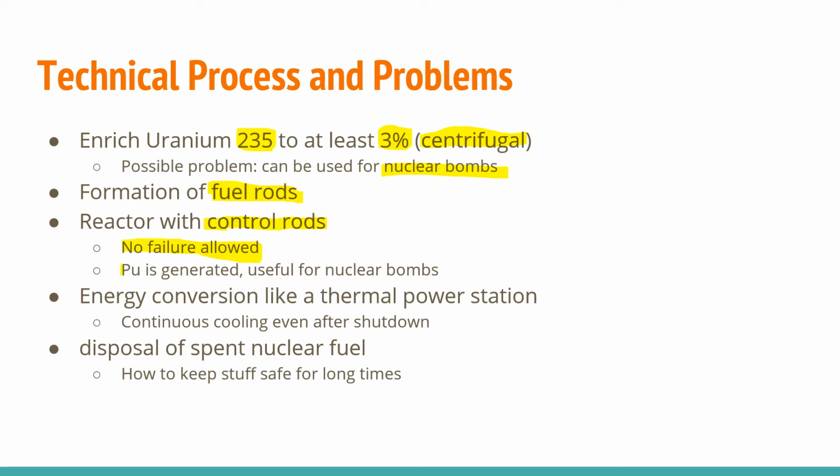And during the process, you produce plutonium. This is not so nice because you can use it for nuclear bombs. Or we have learned we can use that also, but that's a very difficult process. The plutonium isn't so difficult to produce, but I can tell you, if you want to build a nuclear bomb from plutonium, you have to be very careful, first generating the plutonium, but also the ignition process is much more complicated than in uranium.